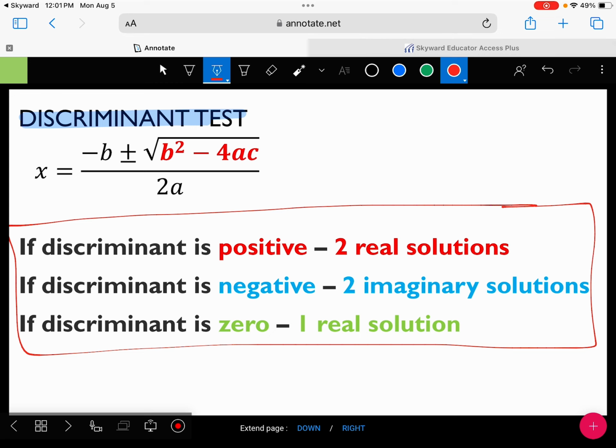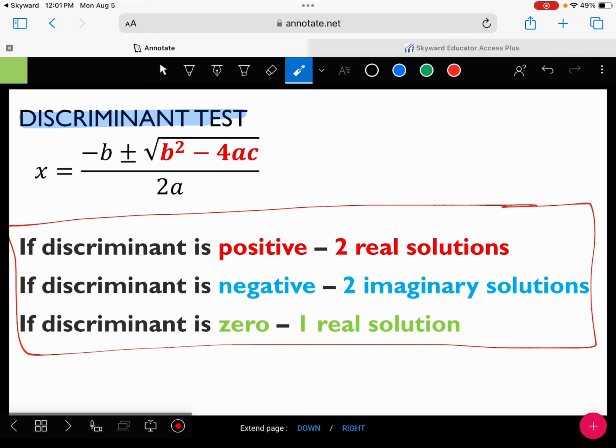So go ahead, copy down the discriminant, the quadratic formula. The discriminant is what's underneath the square root. So when we talk about the discriminant, this is only b squared minus 4ac. So again, you're just copying this piece down right here and then glue down that sheet of paper quickly, and then we're going to do some practice.